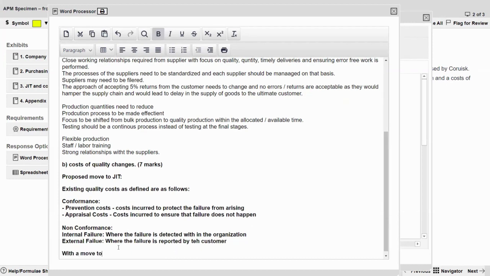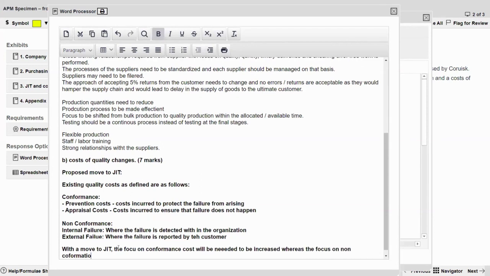With the move to JIT, the focus on conformance cost will need to be increased, whereas the focus on non-conformance cost should be removed.